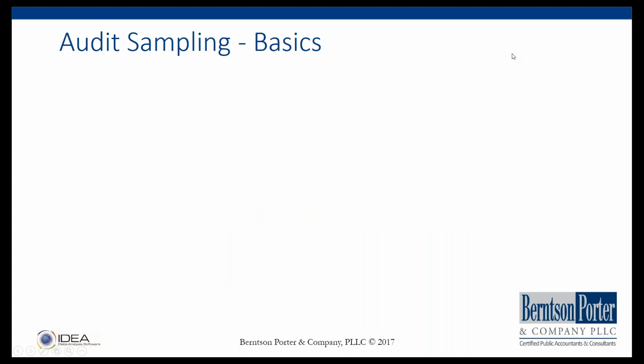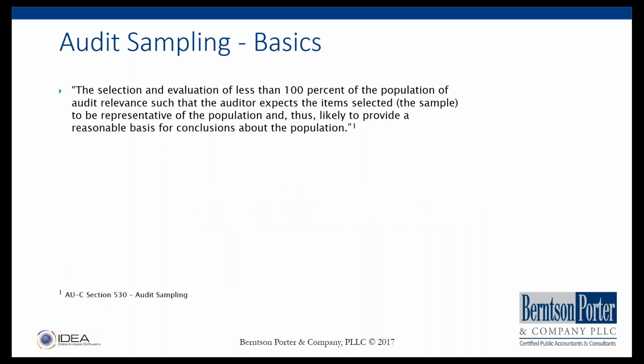So jumping into the basics and the theory behind sampling and audits. This is the guidance directly from the clarified auditing standards. Sampling is basically the selection and evaluation of a subset of the population such that it can be extrapolated and it should represent the population as a whole, because no one really wants to test every single invoice in accounts receivable or every check disbursed through the year or every sale made.